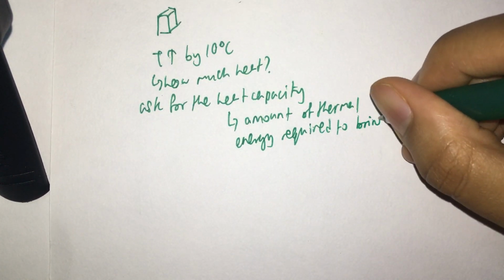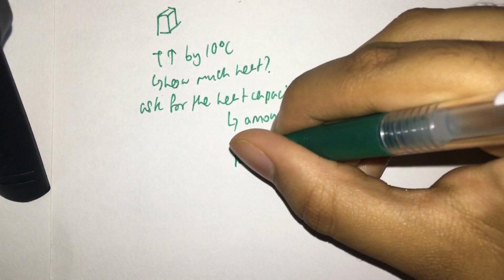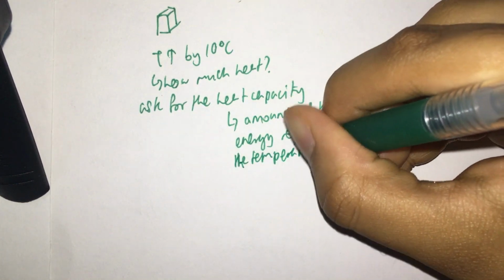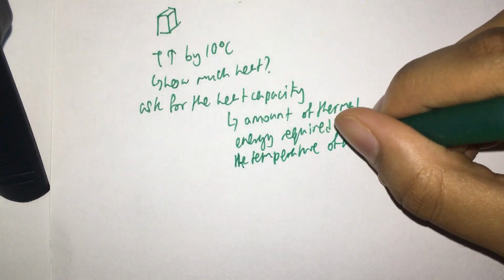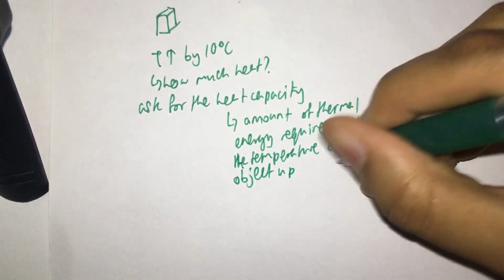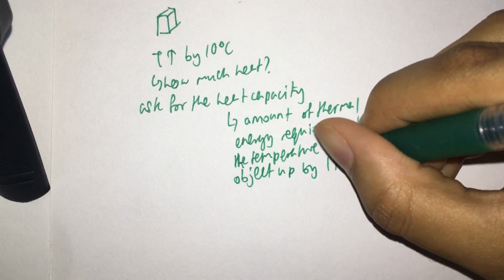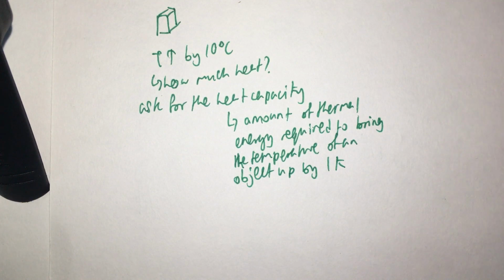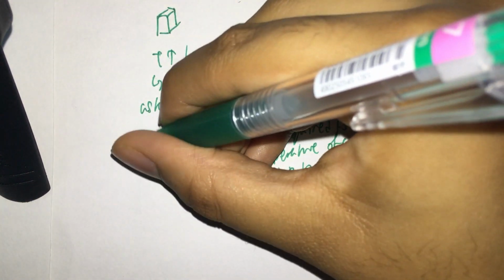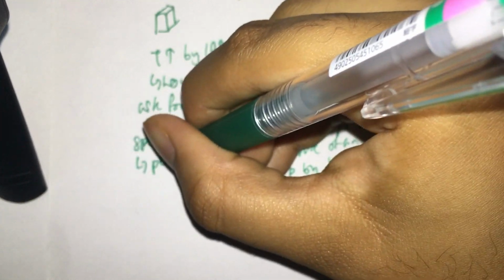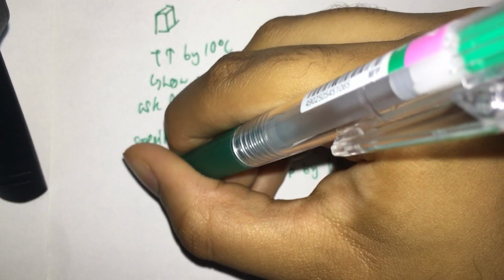But I think it's more appropriate to say Kelvin because everything is linked to Kelvin when it comes to temperature. So that's the heat capacity. And what is the specific heat capacity? That is when you divide the value by the mass of the object, then you get the specific heat capacity, per unit mass.